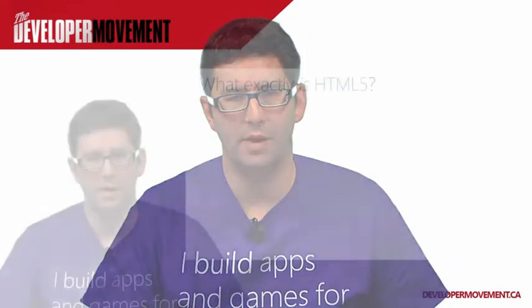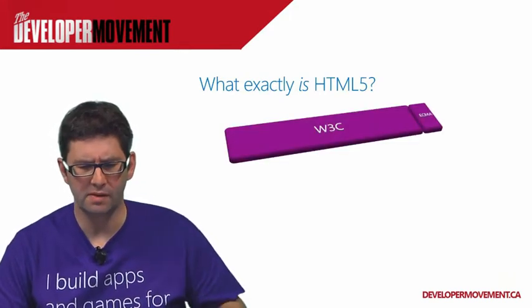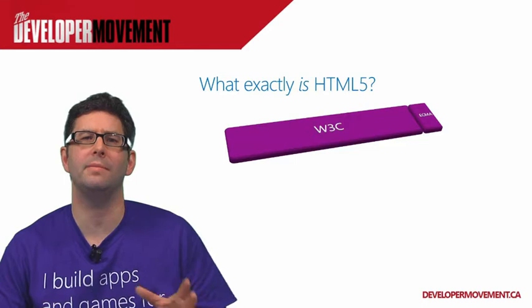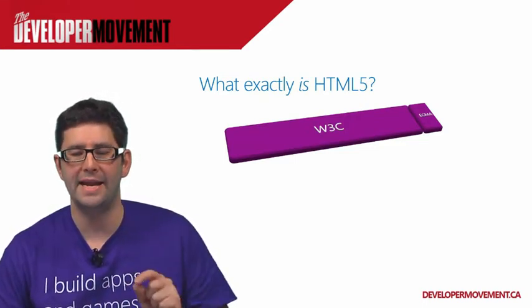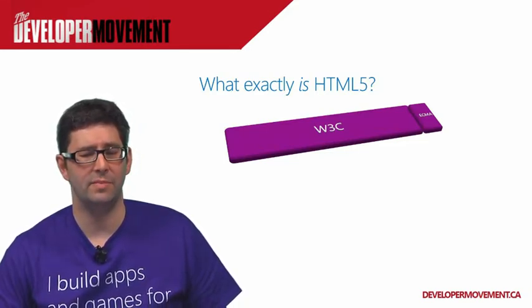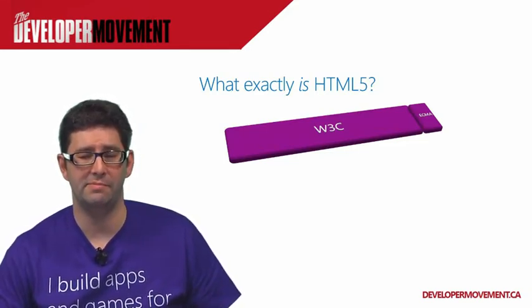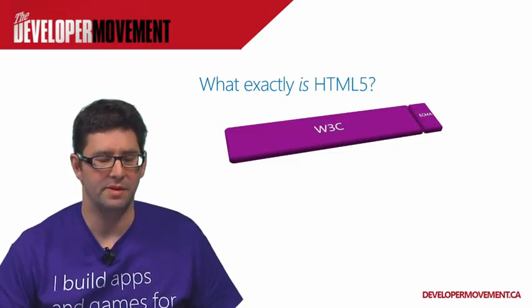So what is HTML5? Well, it starts off with working with the standards groups. So the W3C, the World Wide Web Consortium, you can go to their website at w3c.org, and ECMA, which unfortunately, the actual name for the acronym escapes me, but basically these are the guys that created ECMAScript, and I'll explain what ECMAScript is in a second.